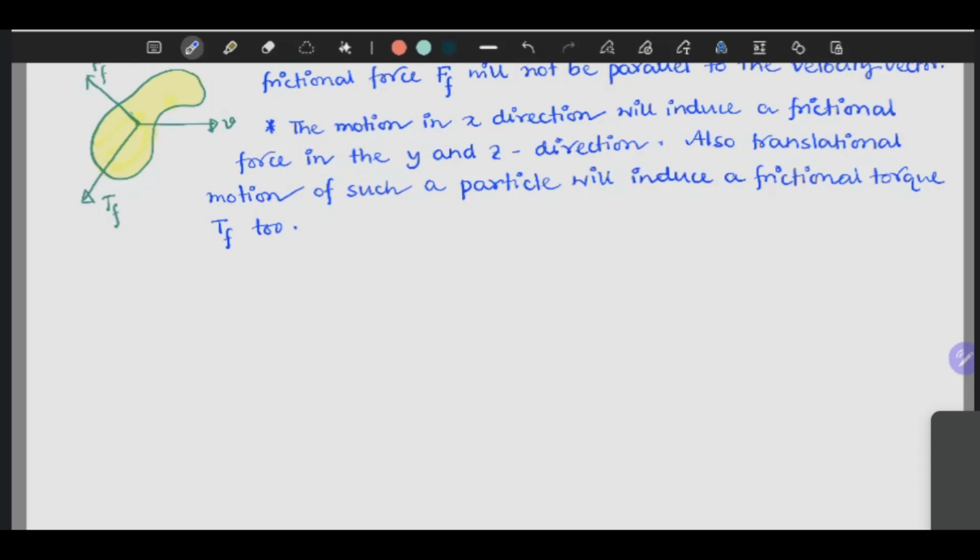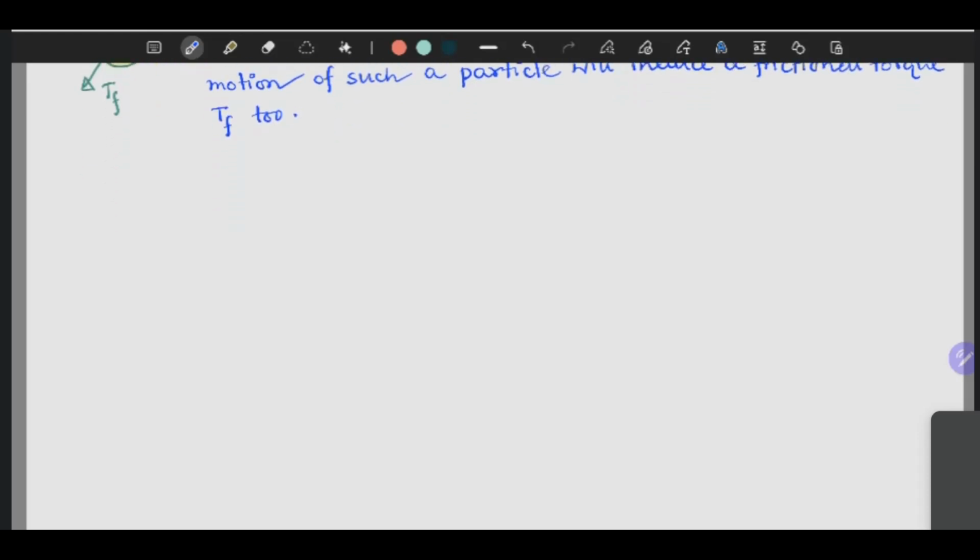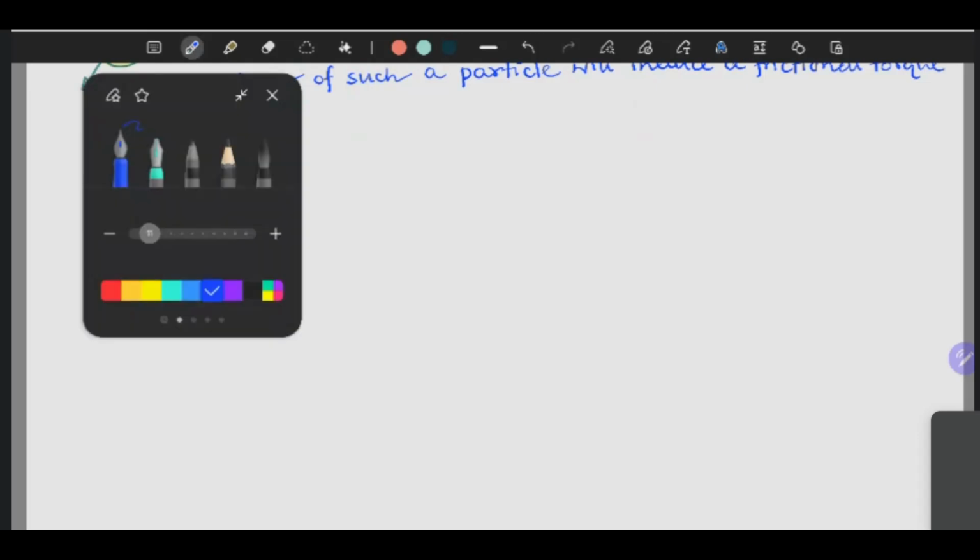These can be calculated hydrodynamically, and we could go into details, but that will be in fluid mechanics. So let's just not go into this.